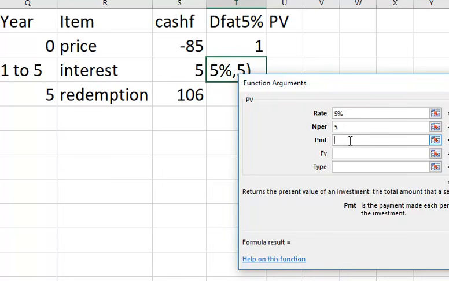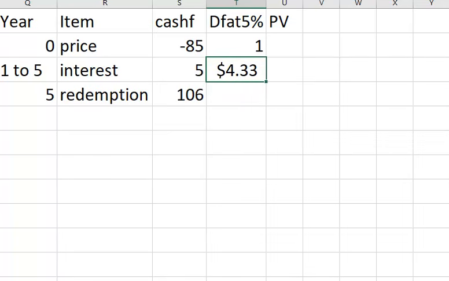PMT, you put -1. Why would we put a -1? This is the annuity formula, because the annuity formula has to the power -1. So because of that power -1, we put it on PMT. FV is future value. So in annuity, the future value is 0. Okay. So it means the annuity factor is 4.33. But this is not a dollar. We can remove the dollar sign.